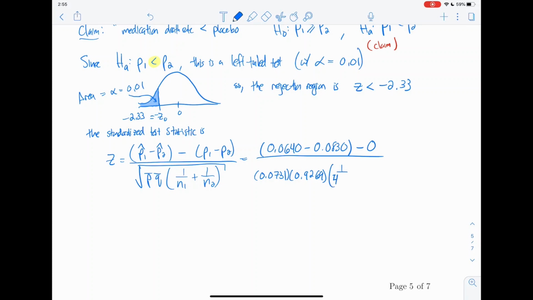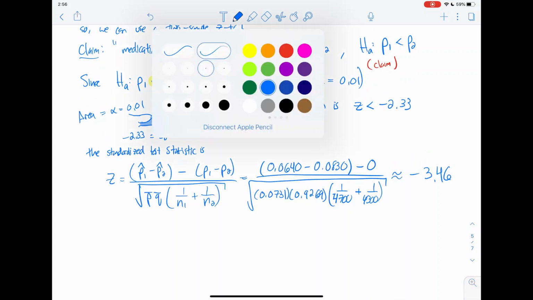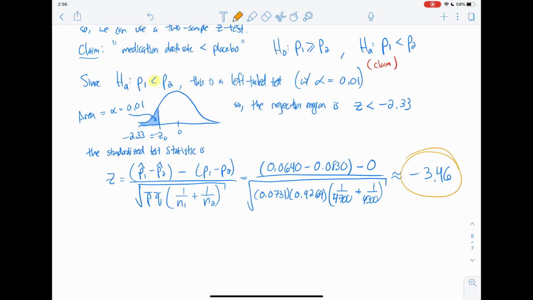So that's 1 over 4,700 plus 1 over 4,300, and the denominator is being square rooted. If we carefully compute that and round, we should get approximately negative 3.46.